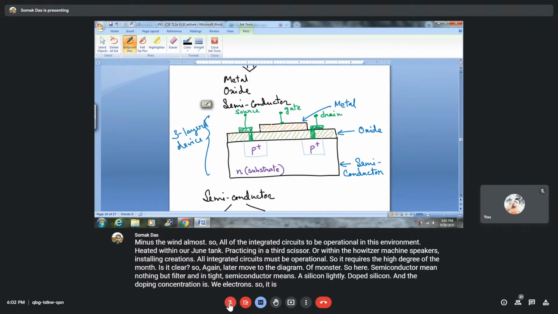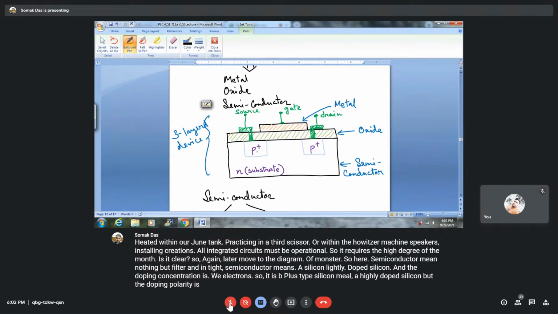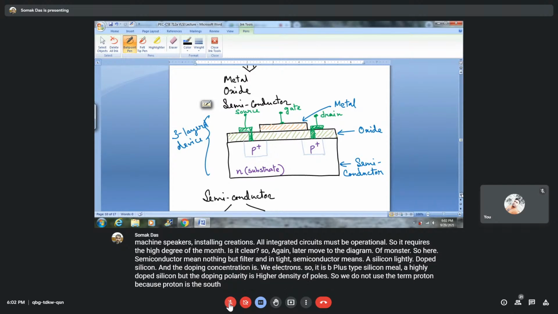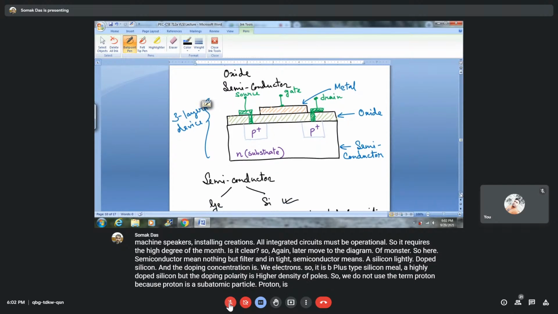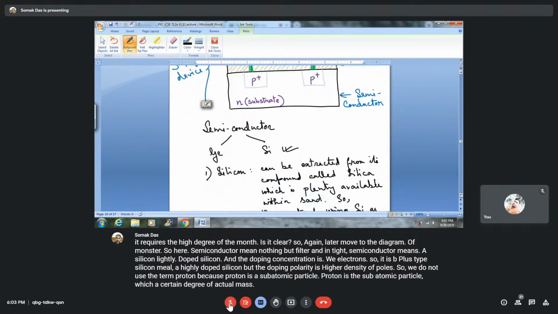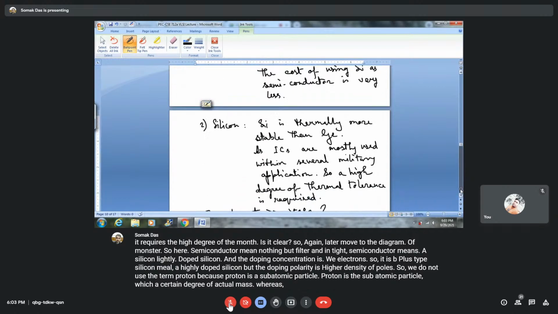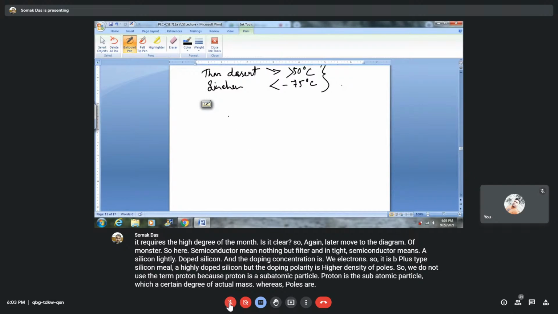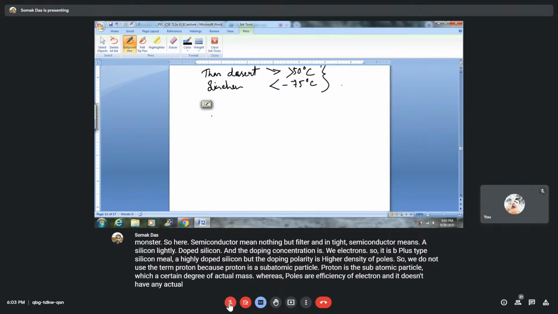P plus type silicon means a highly doped silicon, but the doping polarity is a higher density of holes. We do not use the term proton because proton is a subatomic particle with a certain degree of actual mass, whereas holes are a deficiency of electrons and don't have any actual mass, only effective mass.